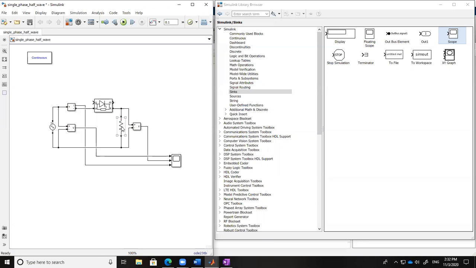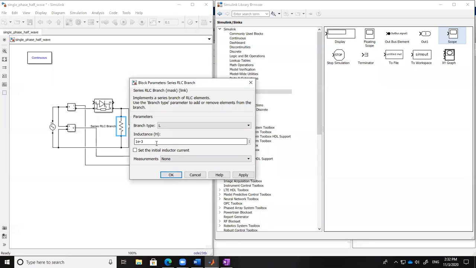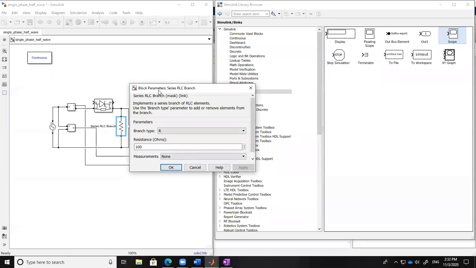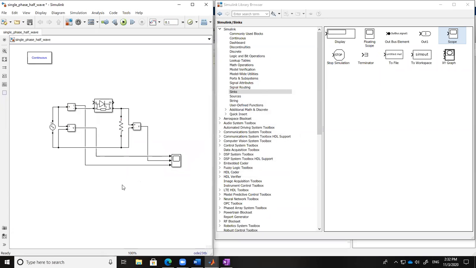To change the resistor, you need to double click on it. It is actually an RLC branch. You can select any type from this list. For example, I can keep it L only. If I apply, it will generate L. If I keep R and apply, it will generate R. And resistance is set to 100 ohm because I want some amount of current to flow in ampere.